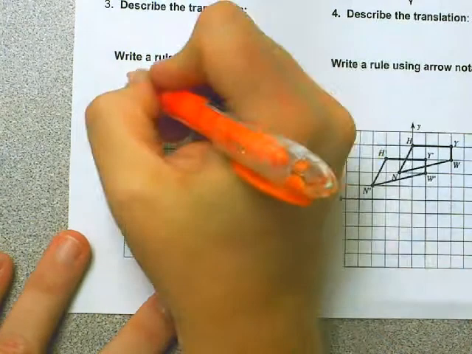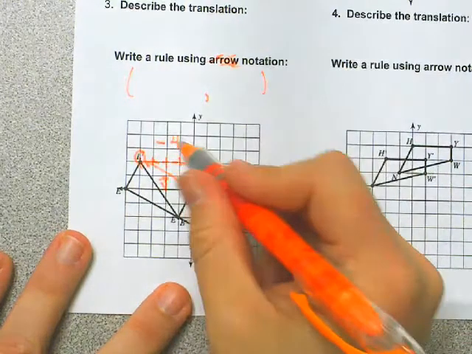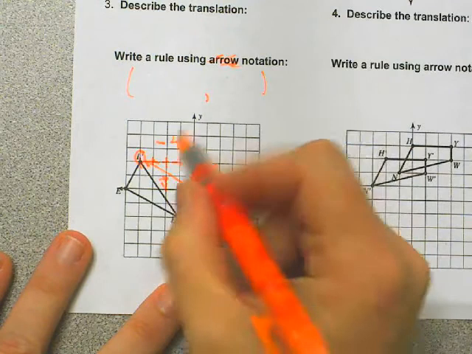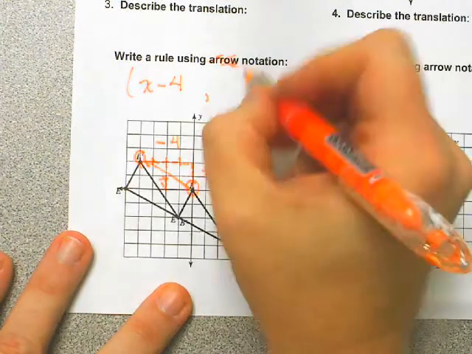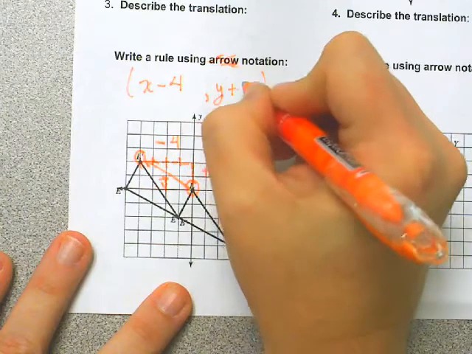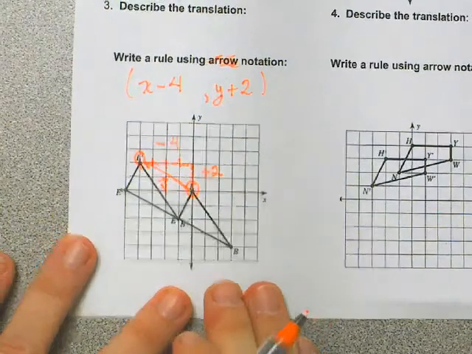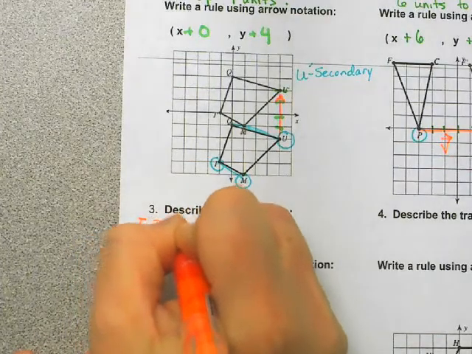When we write our rule, we are going to remember that x comes first. Which one of these two values is x? X minus 4, y plus 2. Describe the translation.